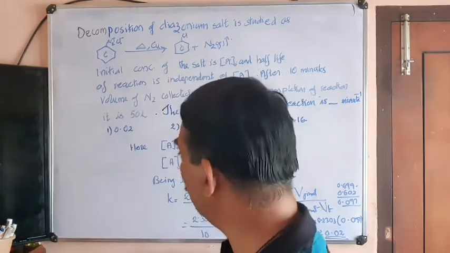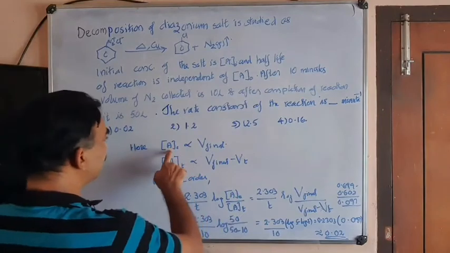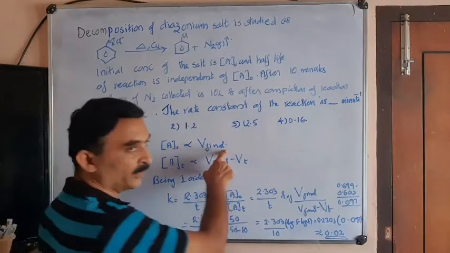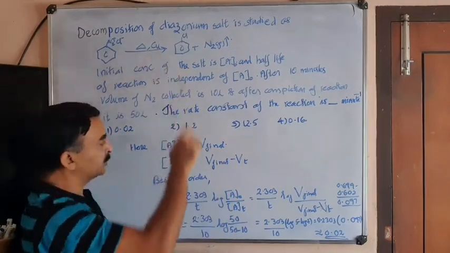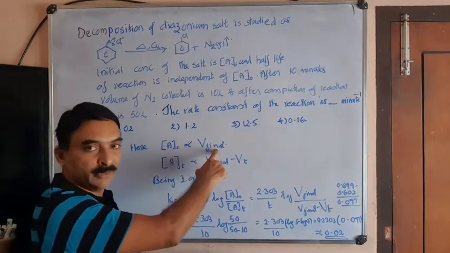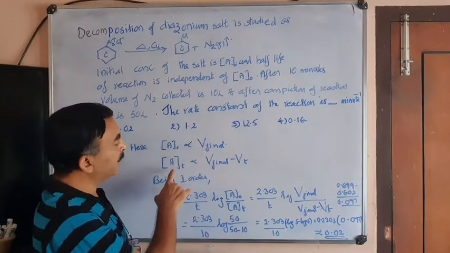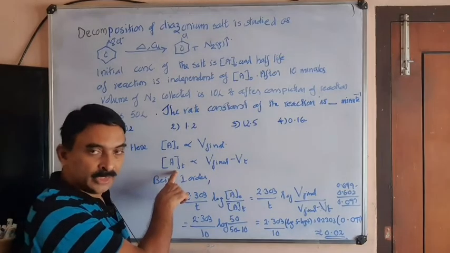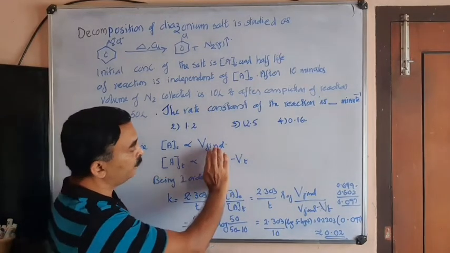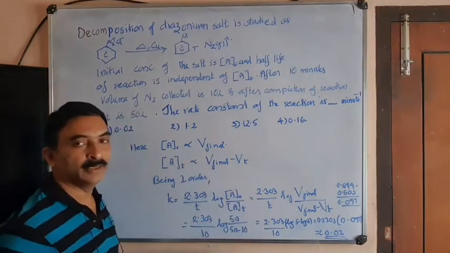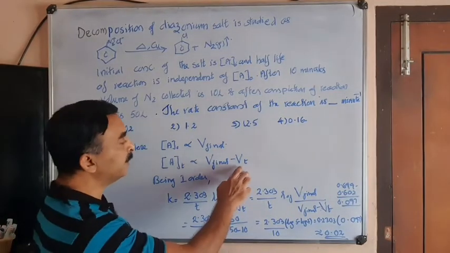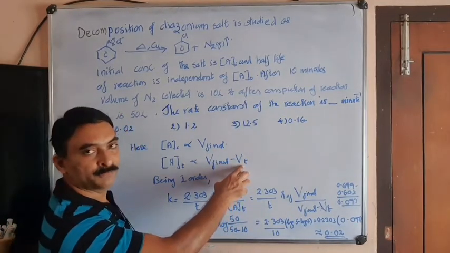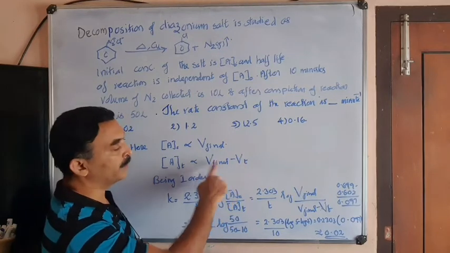Look here: A0, the initial concentration of diazonium chloride, is proportional to the final volume of nitrogen. And At, the amount of diazonium chloride remaining, is proportional to V final minus Vt, because Vt is proportional to the amount decomposed.